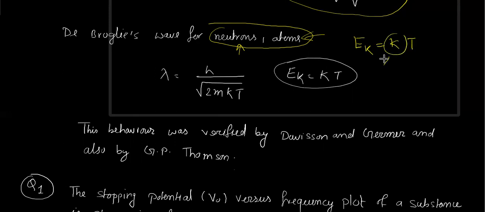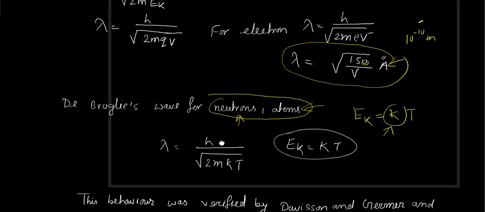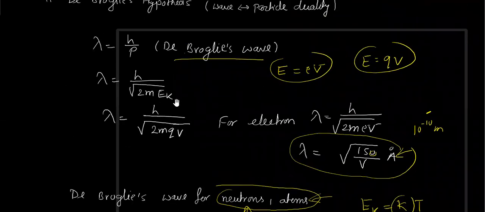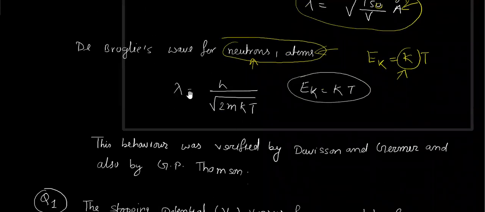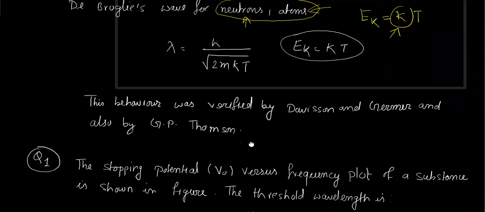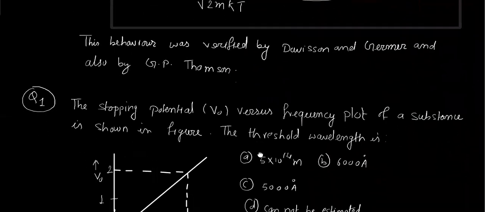Here k represents Boltzmann's constant. So in the previous expression, we can replace KE by kT. So this is another expression, a special expression for the de Broglie wave of neutral atoms and neutrons.